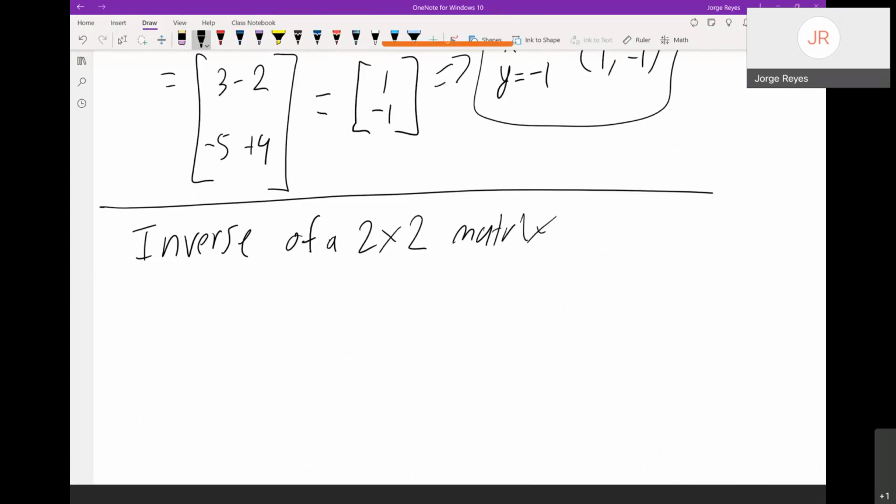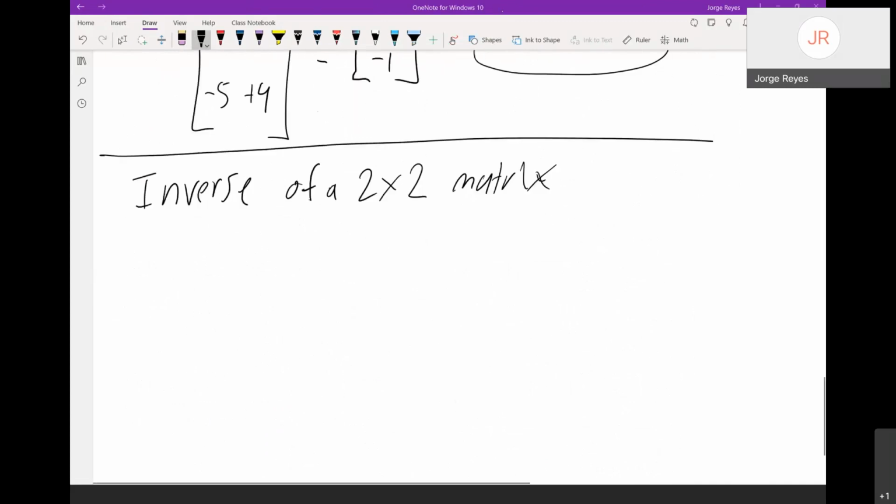An inverse of a 2 by 2 has a special formula that we should all memorize.